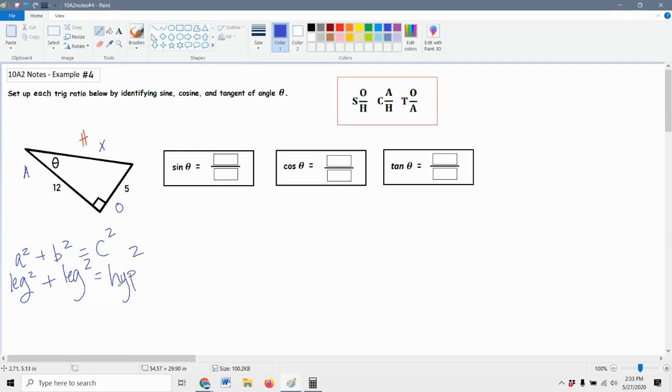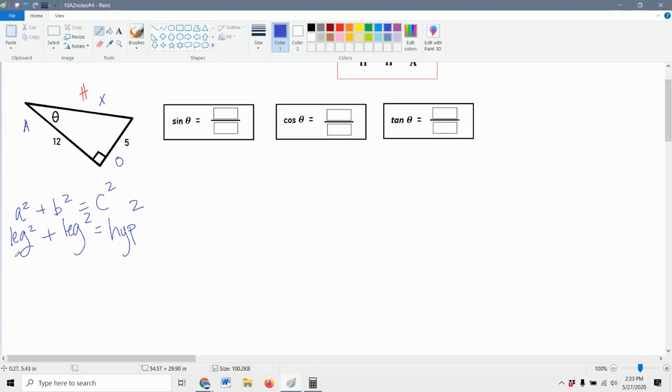So this is another way to think about that Pythagorean Theorem formula, so that when you actually plug numbers in, our legs are those sides that are making that right angle. So we can plug those numbers in. We've got 12 squared plus 5 squared, and that's going to equal our hypotenuse squared, which we don't have a length for, so we'll use x squared, because that's how our formula is.